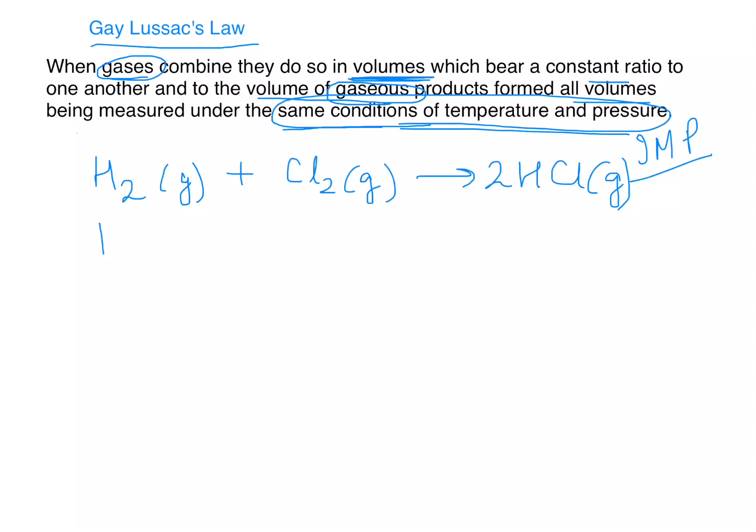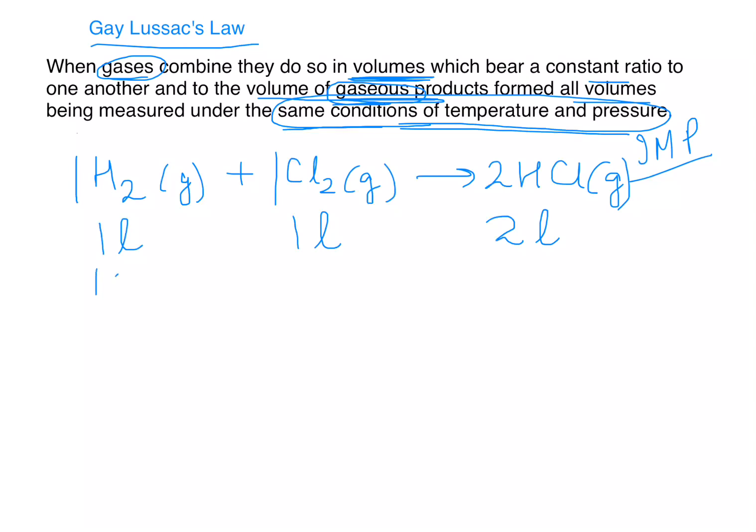So if I have 1 liter of hydrogen, I will need 1 liter of chlorine, then the amount of HCl formed is 2 liters. The ratio is also to the volume of gaseous products formed. So we see the coefficient here, 1, 1 and 2.